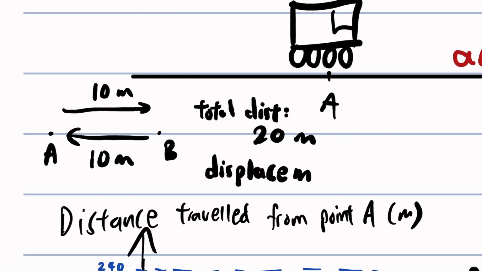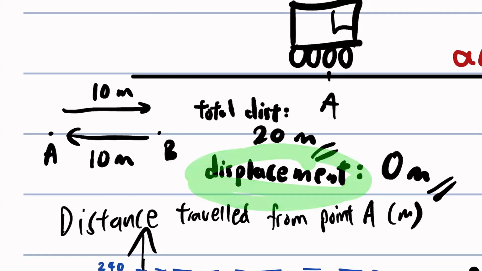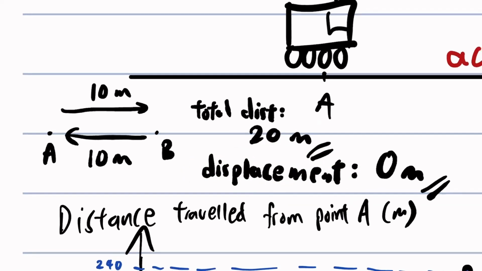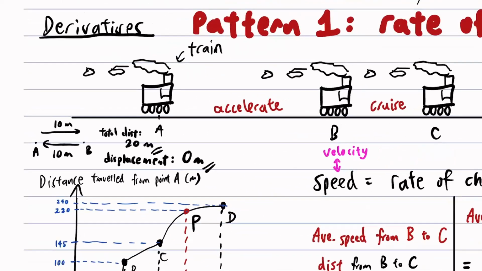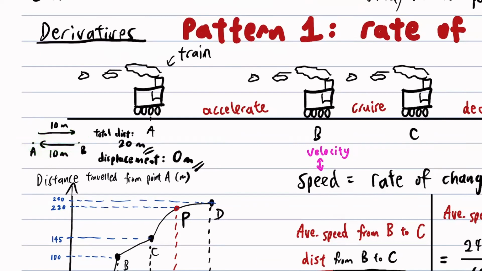Very good, you understand already. We will be dealing with this displacement, just conceptually, not a lot of math. Just need to understand the concept. Go forward, go backward, start at the same point and end at the same point, then the displacement will be 0 meters.